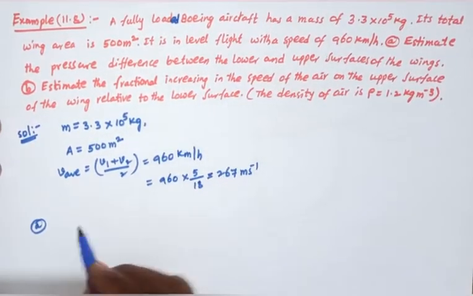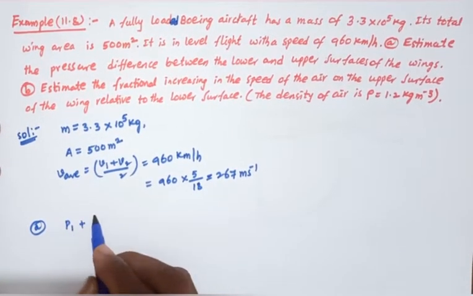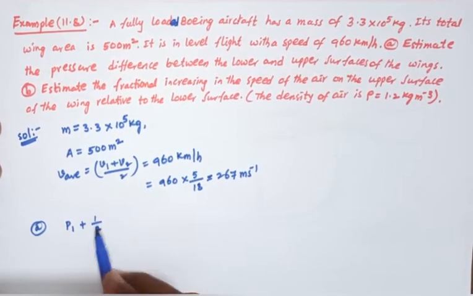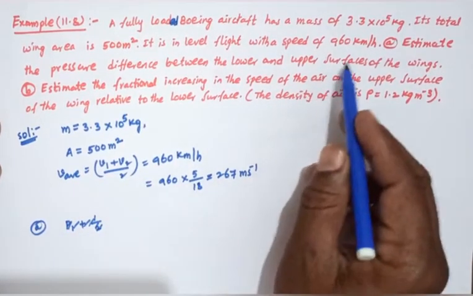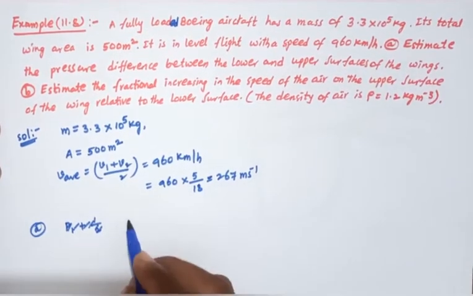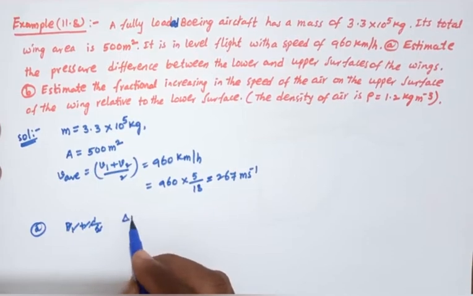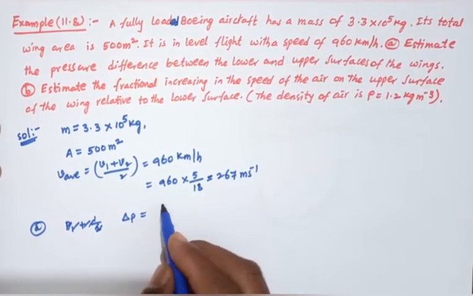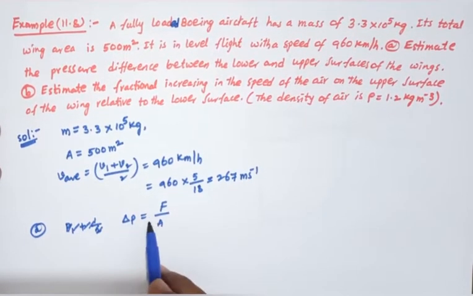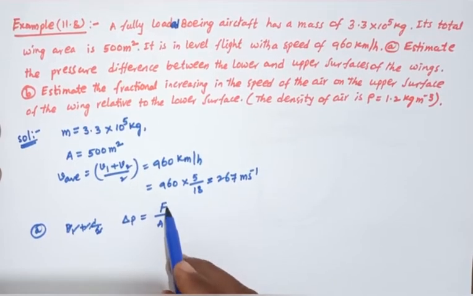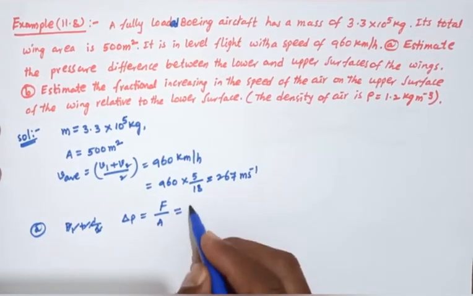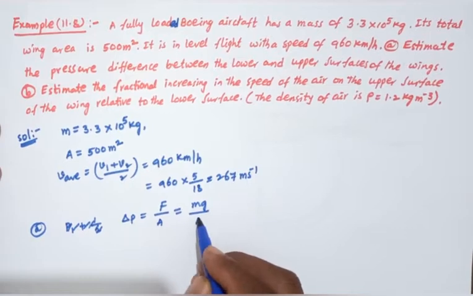So for estimating the pressure difference between the lower and upper surfaces of the wing, we can take delta P equals force by area, the upward force by area. The force is nothing but the gravitational force mg, divided by area.